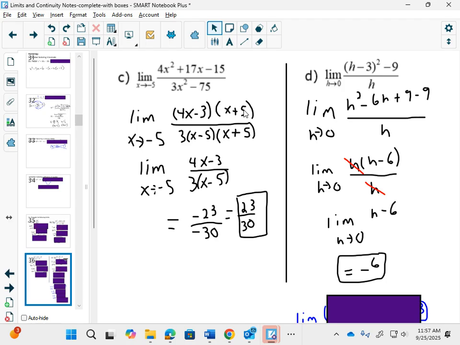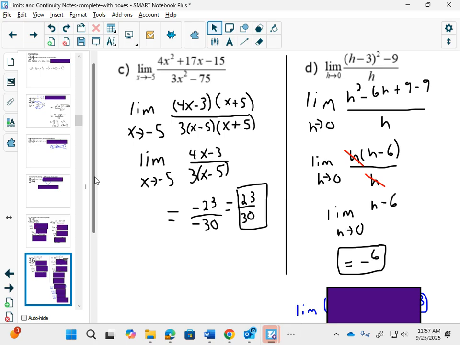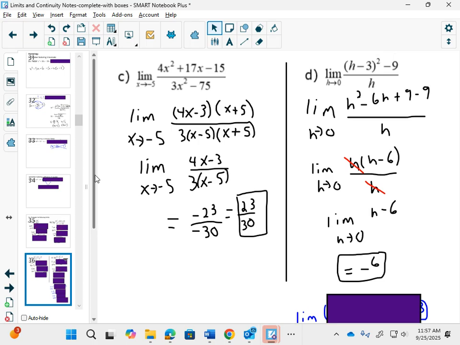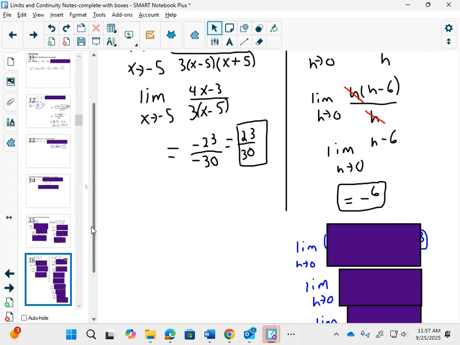But what I like about D is you could do D as a difference of squares. Because you've got something squared minus 9, which is something else squared. This is not your typical thinking, but it's really cool if you do it that way.